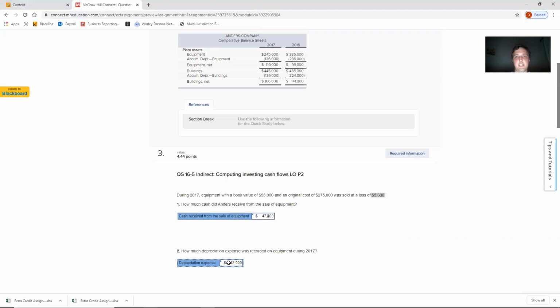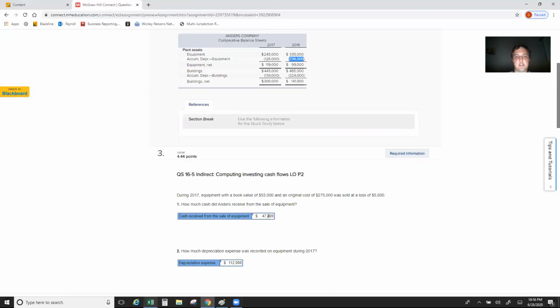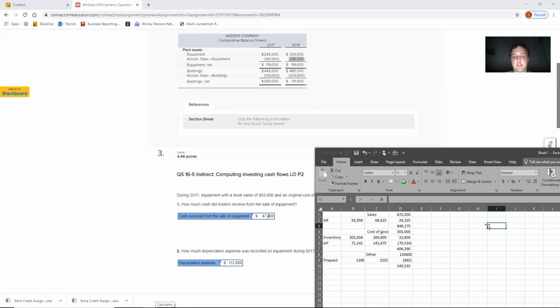How much depreciation expense was recorded? So you're going to try to get back to depreciation. So for the equipment, we know that the accumulated depreciation decreased from 236.